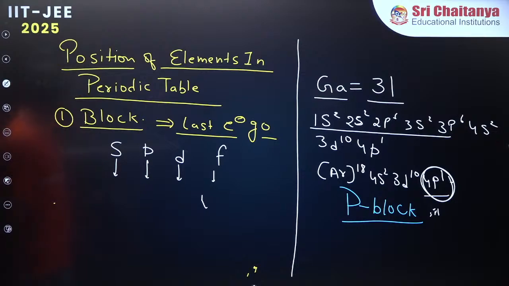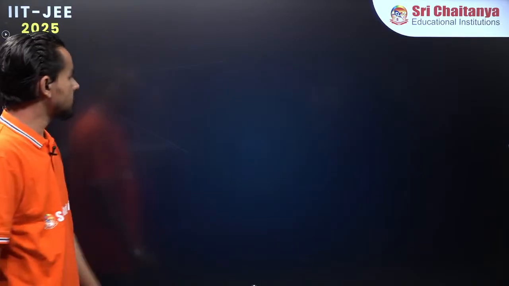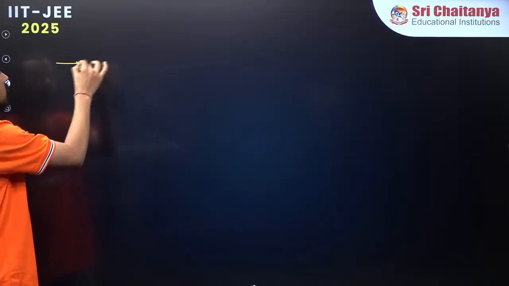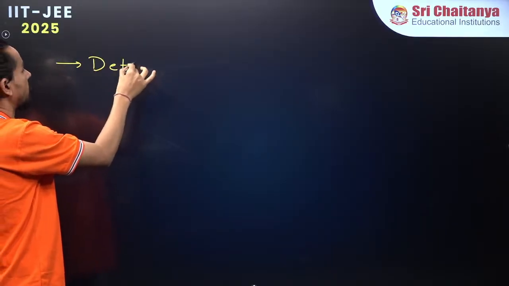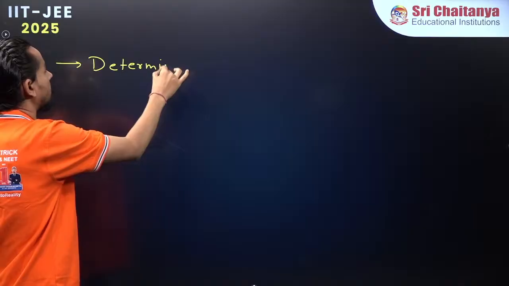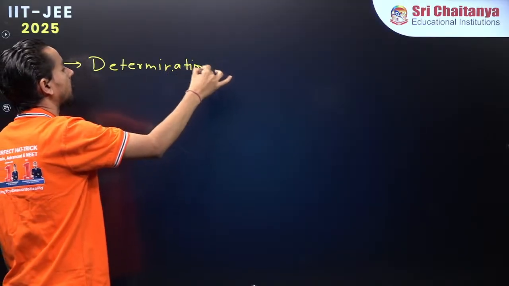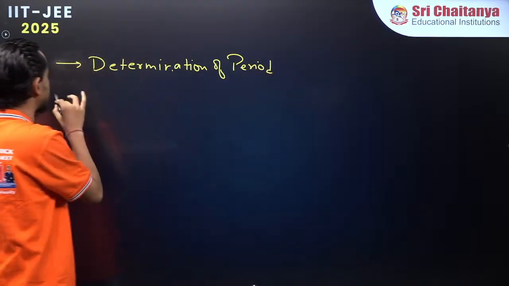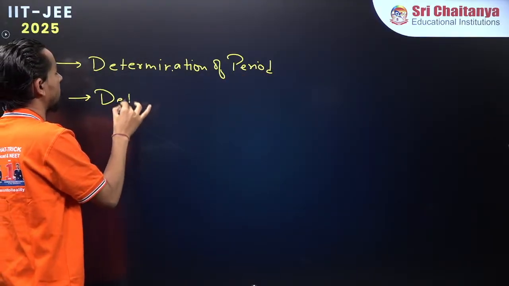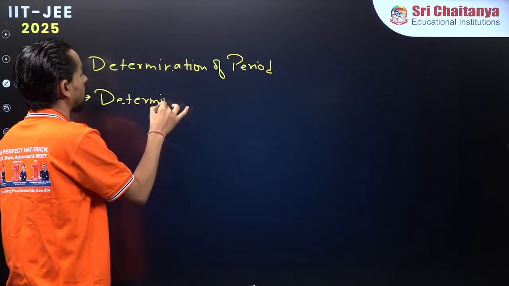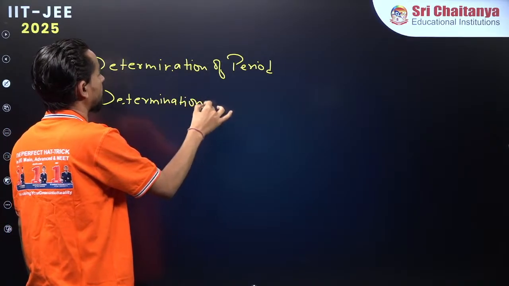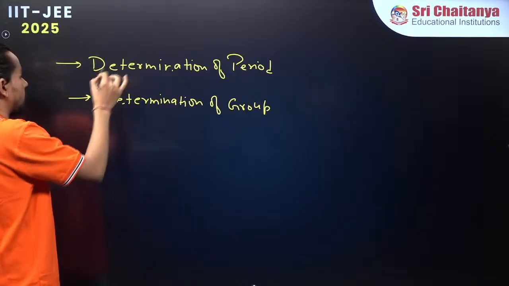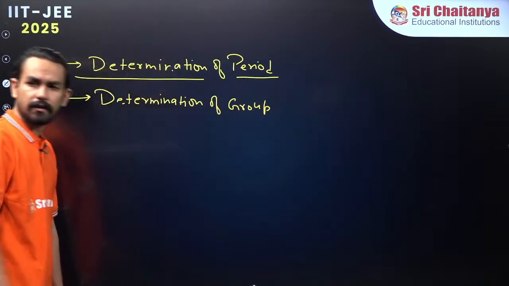The important thing that we have to do in today's lecture is to determine group and period. That is determination of group and determination of period. So first let us do determination of period, that is very easy.